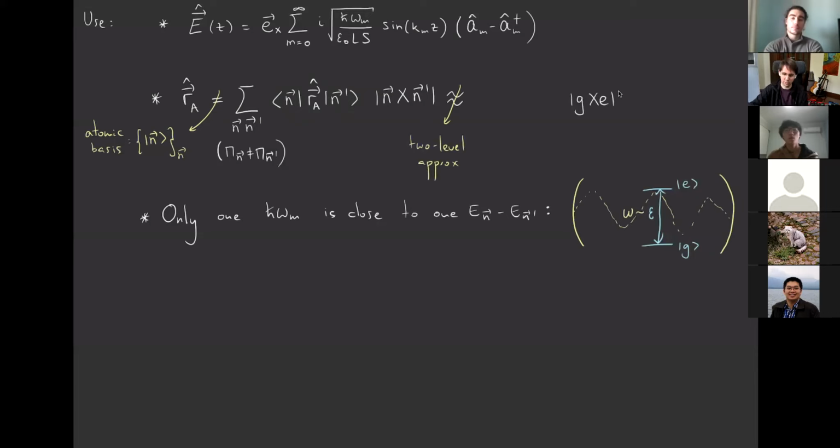And therefore, this whole operator R_A can be written in this way with the matrix element g, R_A, e. And here I have assumed, just for simplicity, that this matrix element is real.